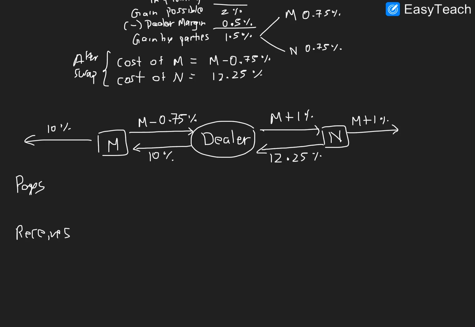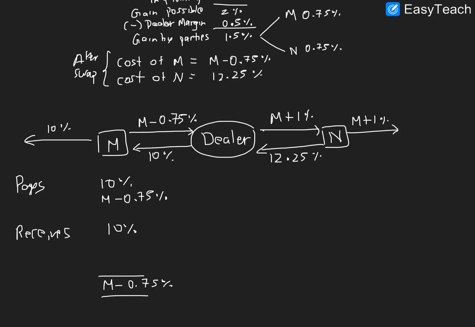So what does M pay? M pays 10%. It also pays MIBOR minus 0.75%. M receives also 10%. Essentially the net effect is that M is paying MIBOR minus 0.75%.